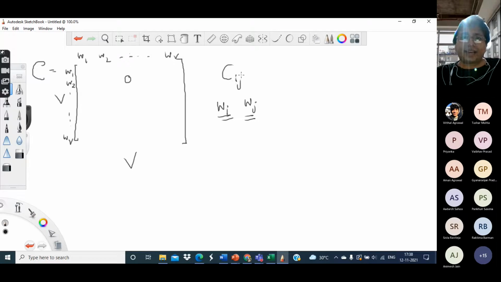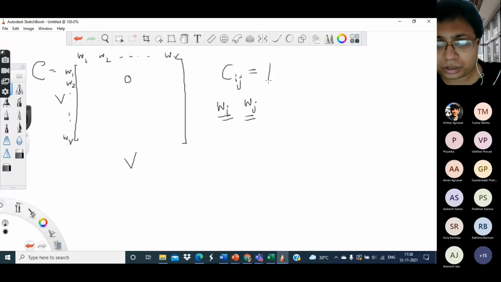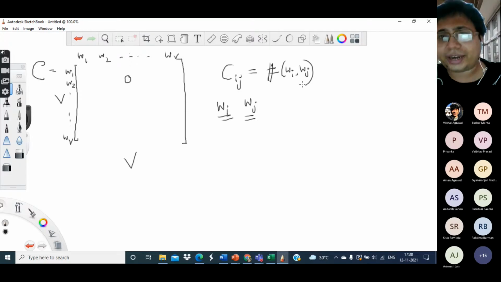Then Cij in a sense is a measure of the co-occurrence of the words wi and wj. It's like saying how many times these two words appear together within the same context.